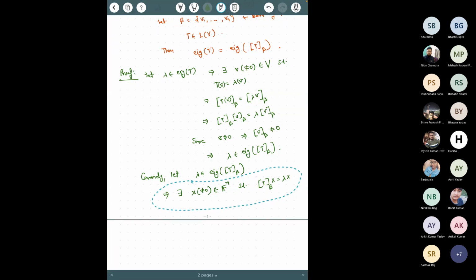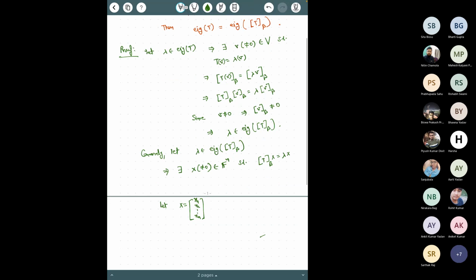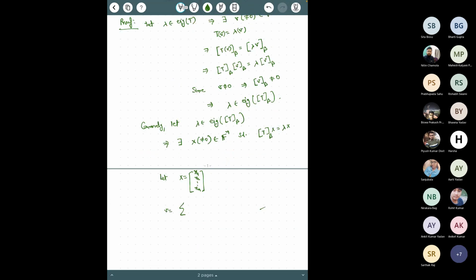She is saying that since x is in Fn, let's say x is of this form: x1, x2, and so on up to xn. So it will have n coordinates. Using this, you construct this v, which is of this form: the sum of xi vi, i equal to 1 to n. The vi's are the basis vectors.